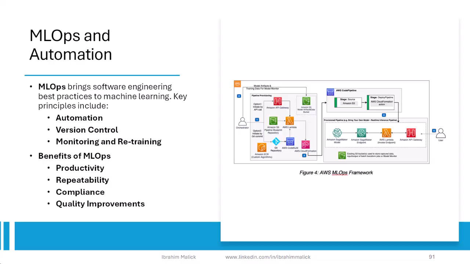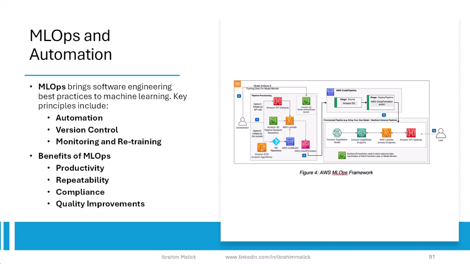The benefits of machine learning ops are many. From a productivity perspective, it automates ML infrastructure provisioning. Repeatability, kind of like rinse and repeat, ensures consistent and repeatable model training and deployment.